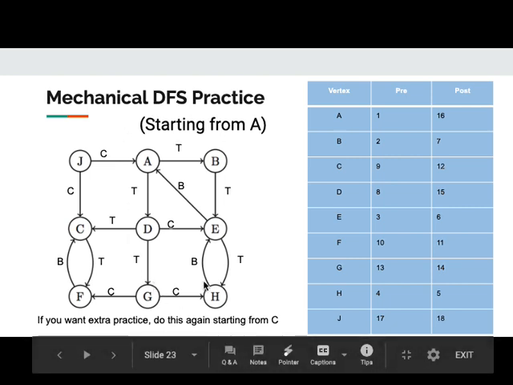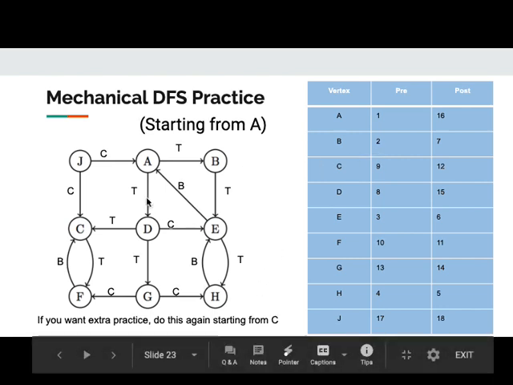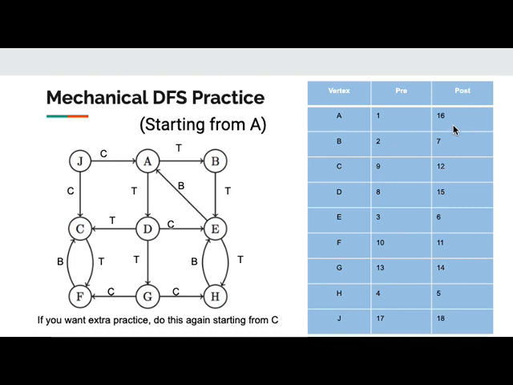Is there a way to figure out the DAG of SCCs just from these numbers, or do we have to go through the algorithm for finding SCCs? I don't think you can do that for all graphs, but for some you definitely can, or at least there are some structures you can discover. For example, A has the highest post number. Wait, actually, this is not a reverse graph.